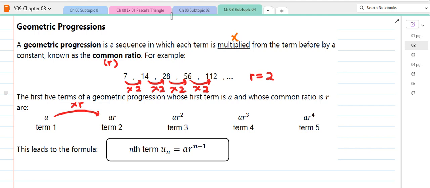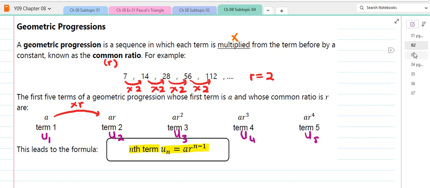This leads to the formula for the nth term, un equals ar to the power of n minus 1. Just to recap the letter u: the first term a is also written as u1, then u2, u3, and so on.